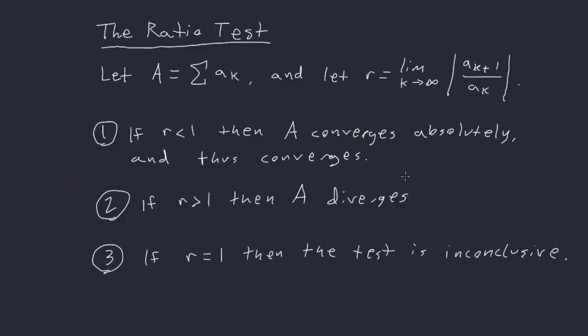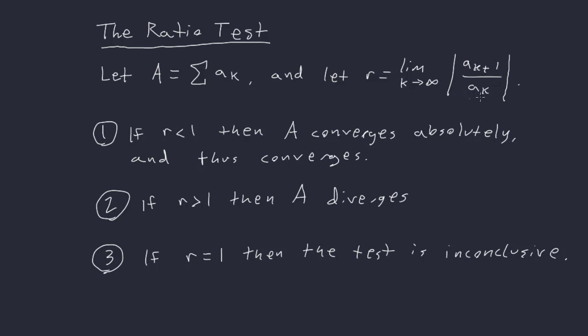Alright, so here's what the ratio test says. We're looking at a series, we'll just call it A, capital A, a series of a_k. And we're going to let R be the limit as k goes to infinity of the absolute value of a_(k+1) over a_k. This is why it's called the ratio test, because we're analyzing the ratio of adjacent, or subsequent, terms.